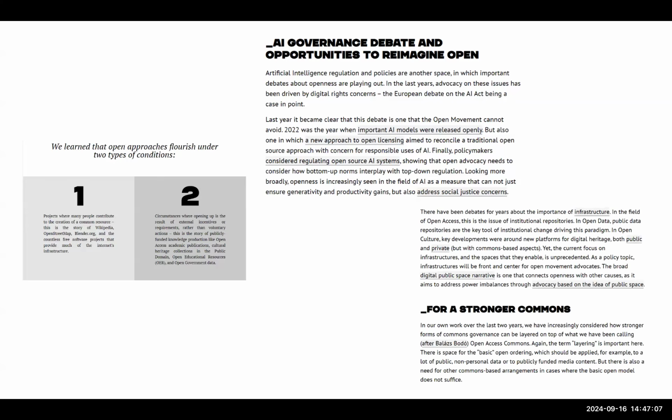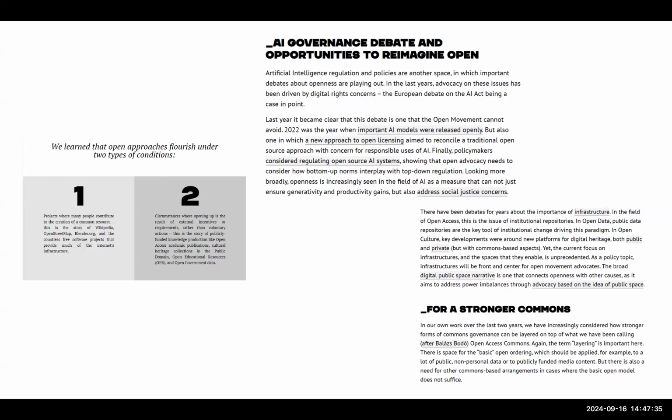So they talk about their work where they're looking at stronger forms of commons governance and layering that on top of what we've been calling open access commons. They talk about the term layering, which is that there is a space for a basic open ordering, which should be applied to a lot of public non-personal data or to publicly funded media content.